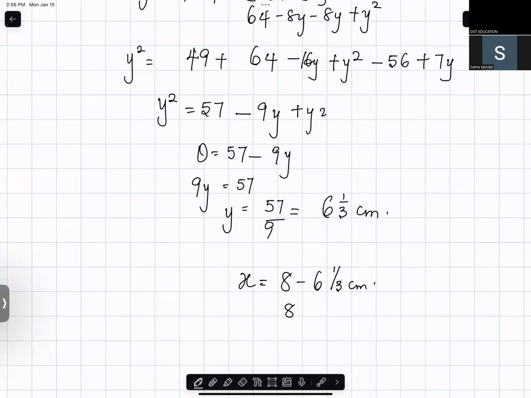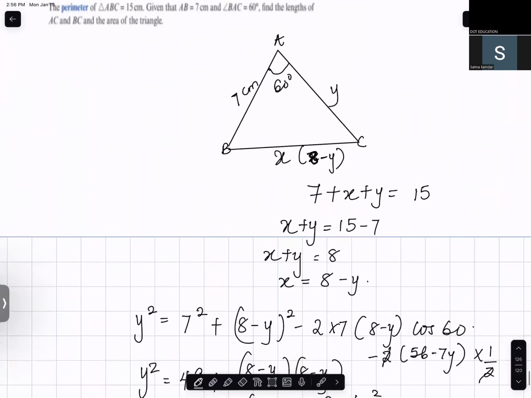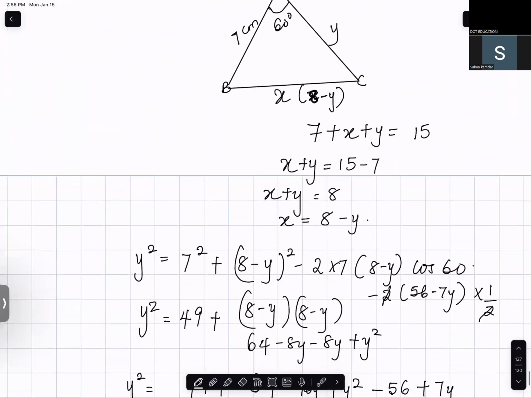That is 8 minus that. If you are using your calculator, 8 minus that should give you 1 whole number 2 over 3 cm. So we've gotten the values for the two sides: 1 2 over 3 and 6 1 over 3.